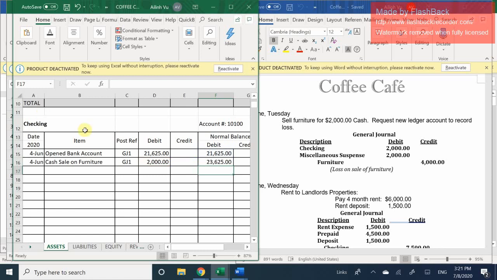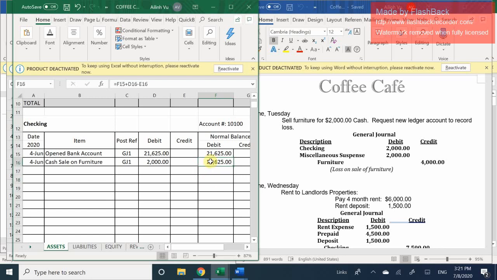Okay? For people who are doing it by hand, this is saying, if my original start now is 21,625, I just debited my account. Did I increase it or did I decrease it? Increase it. If I increase it, then I add them together, right? So if I add these two together, I should get $23,625.